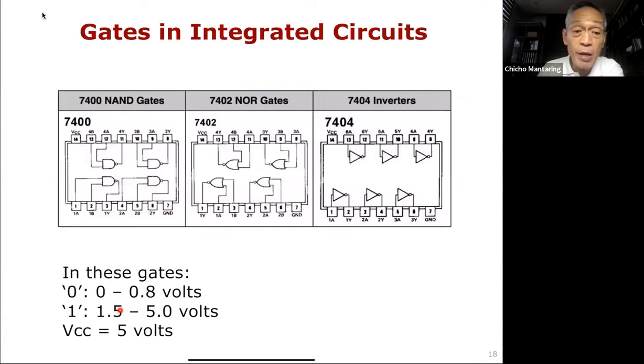And if I input anywhere from 1.5 to 5 volts, that would be recognized by the same gate as a 1. My output typically for TTL, a zero output I think is less than 0.5 volts, and a 1 output is about 4 volts or something like that. I can't recall anymore. But anyway, those are integrated circuits where you have gates.